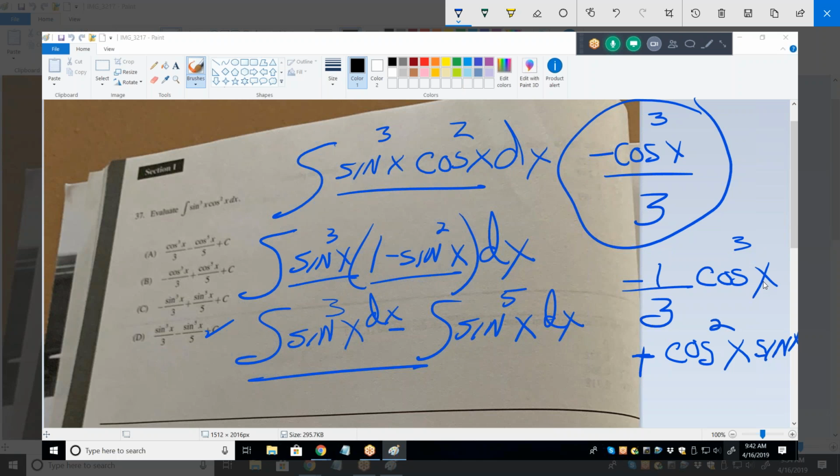Okay. Integrating trig functions is a lot harder than it looks. I thought it might be this simple, but clearly it isn't, because when we take the derivative of that, we get this over here. We don't get sine cubed. The problem is every single one of those answers looks similar.